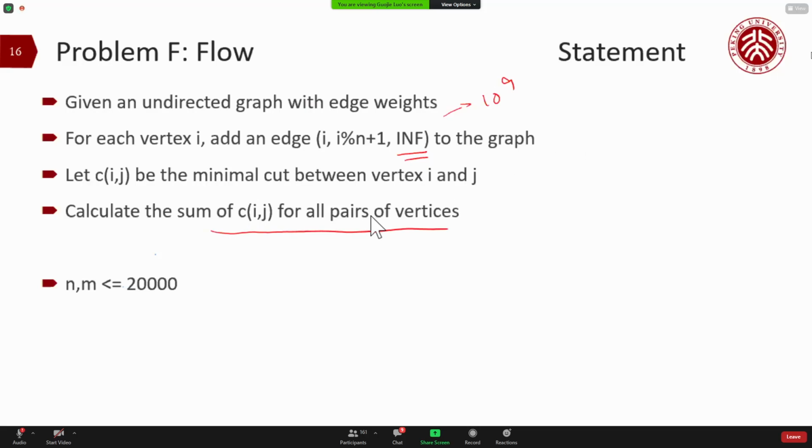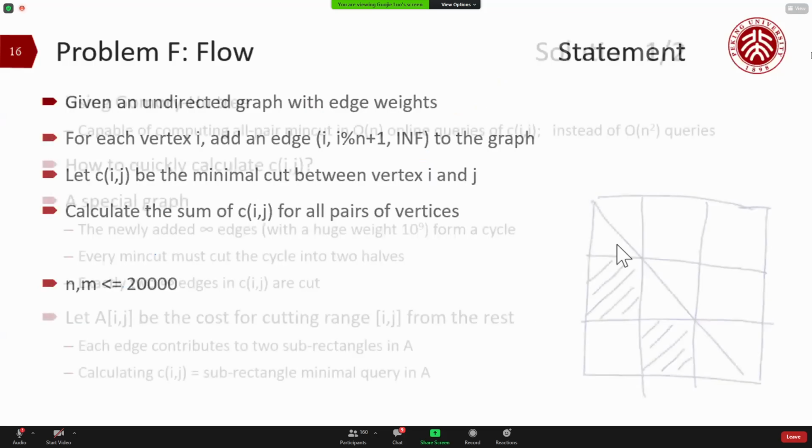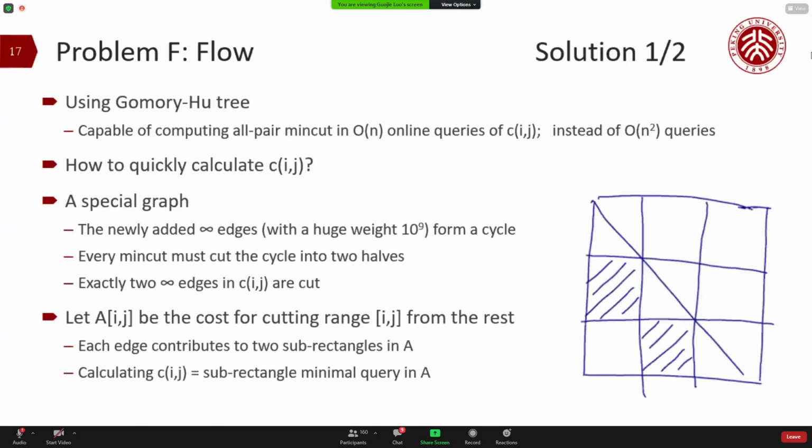When we need to calculate the sum of cuts for all pairs of vertices, we think of this data structure, the Gomory-Hu tree. This data structure is capable of computing all-pair min cut in O(n) queries instead of n squared queries.